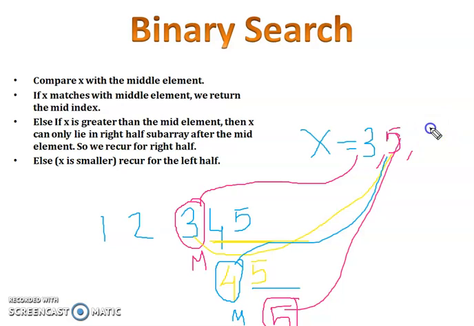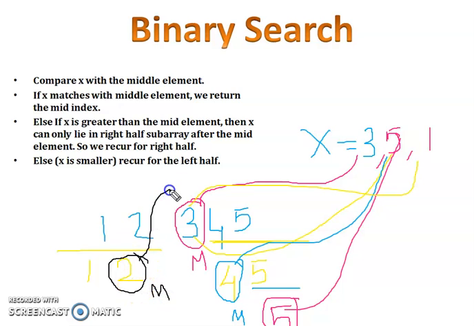Assume I wanted to find 1. The same procedure will be done, but on the left side. Make a comparison between 3 and 1. It is lesser, so you concentrate on the left part. Now the list is 1, 2, and the middle is m, which is 2.